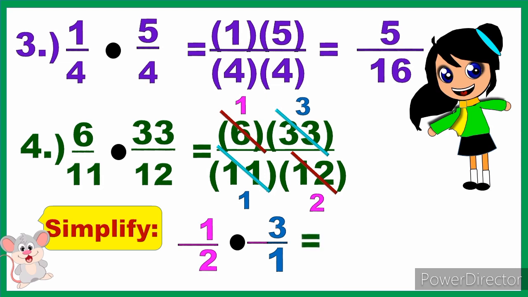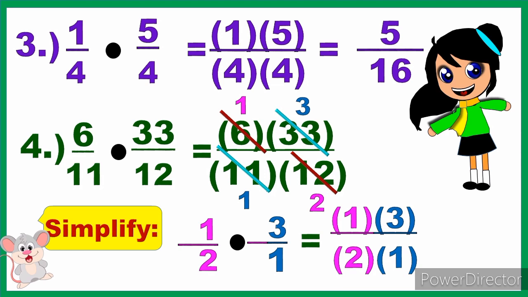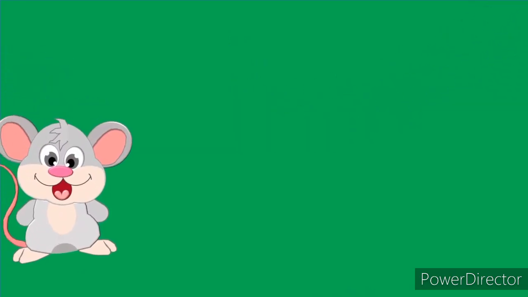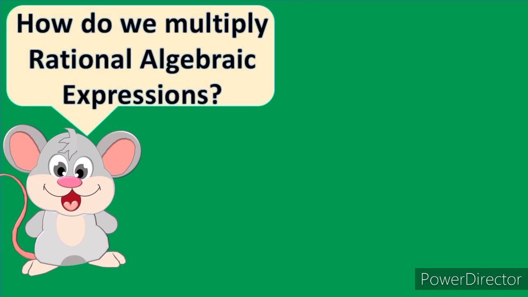Okay, and then we multiply 1 half times 3 over 1 equals 1 times 3 over 2 times 1. 1 times 3 equals 3 and 2 times 1 equals 2. So therefore, our final answer is 3 over 2. Okay, so that is how to multiply fractions. Remember na kapag may common factor ang result, which is the numerator and denominator, kailangan nating i-lowest term.